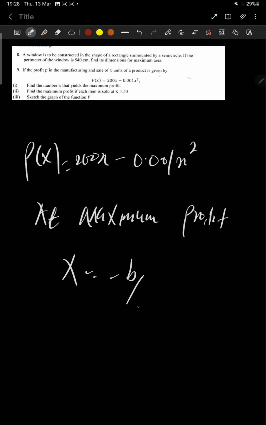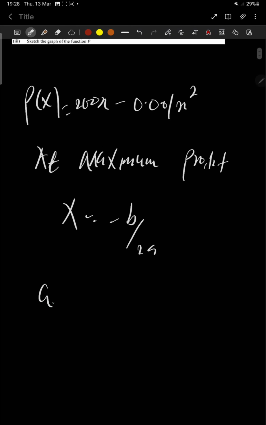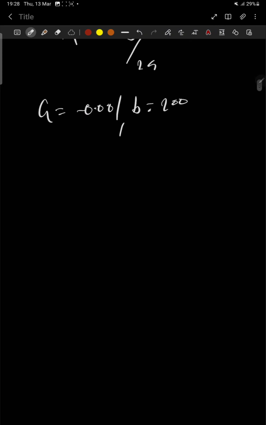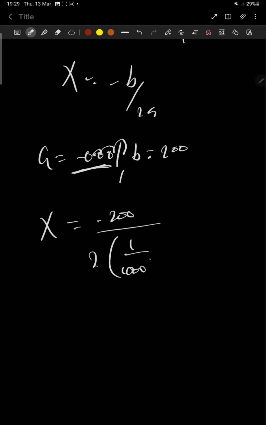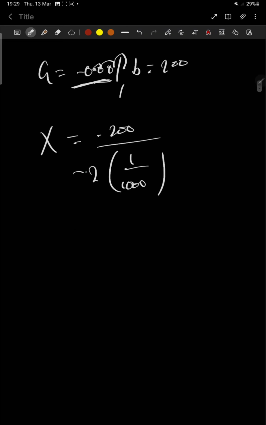x is equal to negative b over 2a, where our a is negative 0.001 and our b is 200. Okay, so meaning our x will be negative 200 over 2 multiplied by, you can change this to a fraction. How many decimal places will it move to become a whole number? 1, 2, 3. So it will be 1 over 1000. Okay, so negative, of course, negative inside.